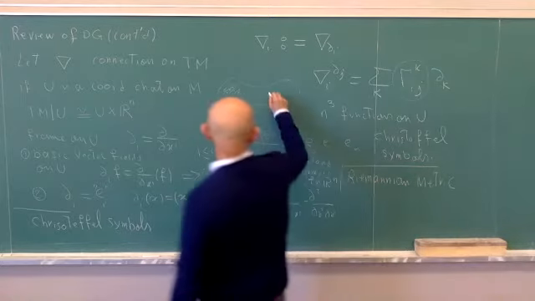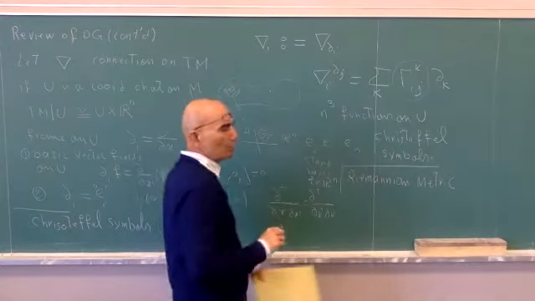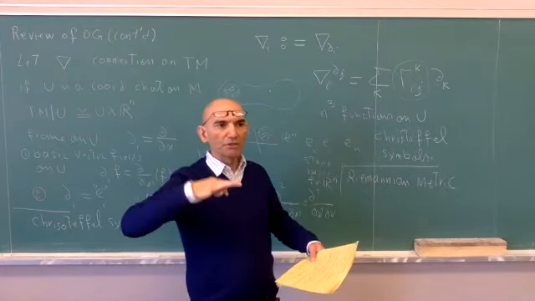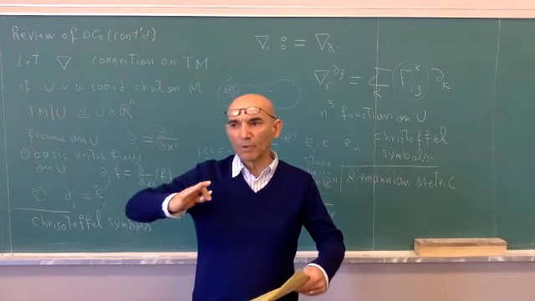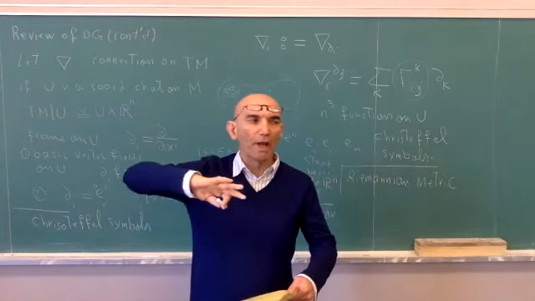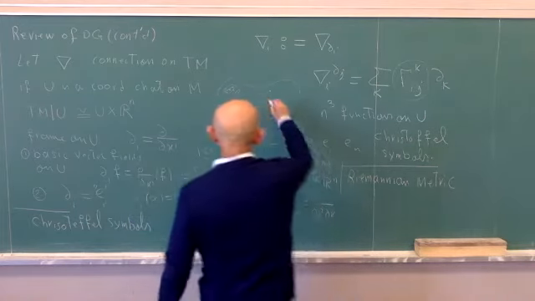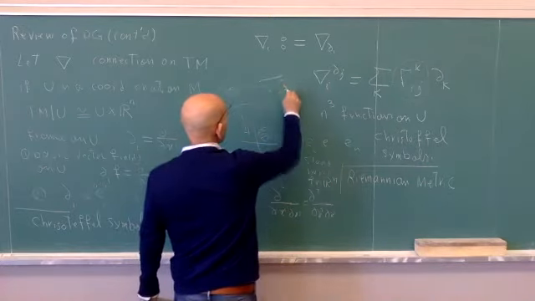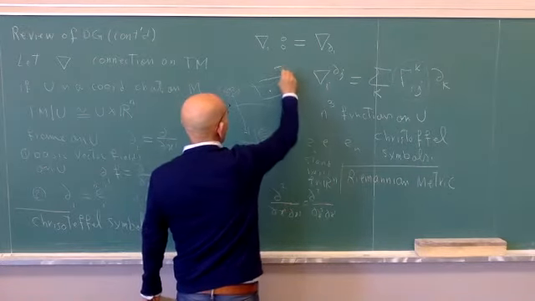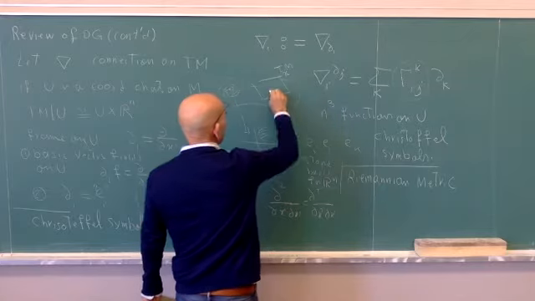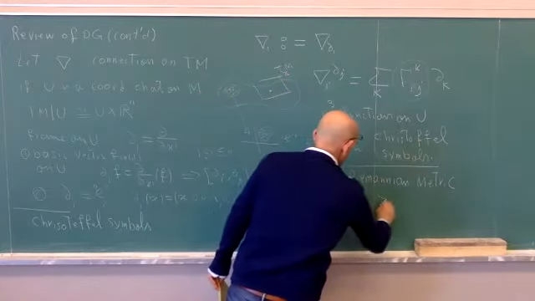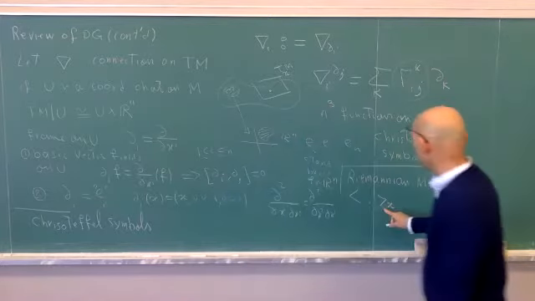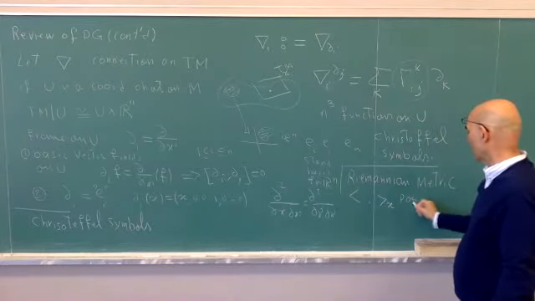What you do is pick an inner product on each tangent space in such a way that these inner products move in a smooth way. So for each tangent space T_x M, you pick an inner product over there. This is a positive definite inner product.